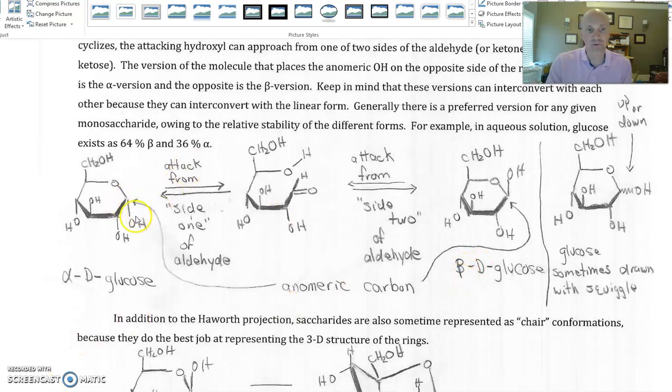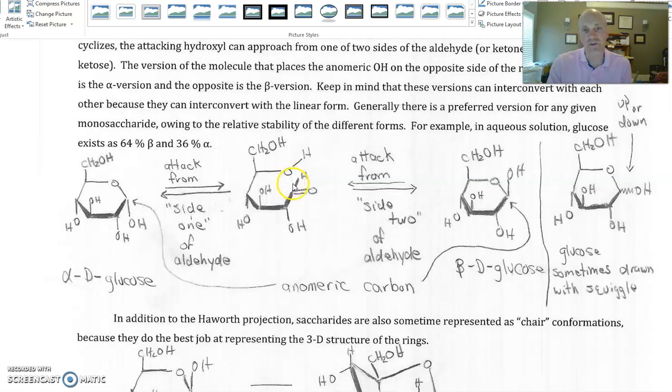So the thing to note about that particular hydroxyl group is that it arises from the carbon that is originally the aldehyde in the straight chain. What I've shown here is the linear form of glucose, where instead of drawing it as a straight line up and down on the page, I've shown it where it bends at the carbons, which is what, if you consider the bond angle of a tetrahedral carbon, it would want to do.